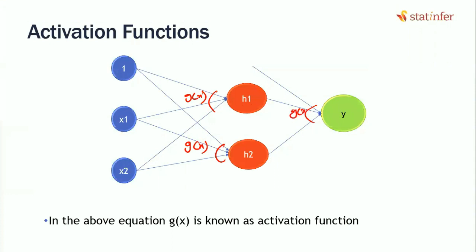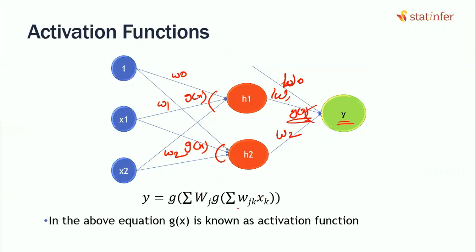We do not specifically put g of x here, but we know that w naught, w1 x1, w2 x2, or uppercase w naught, w1 h1, w2 h2, apply sigmoid g of x on top of it, you will get the target value y. So this is what we discussed yesterday, right?